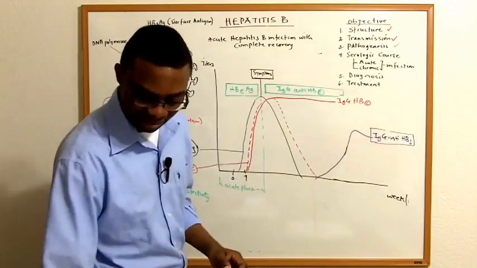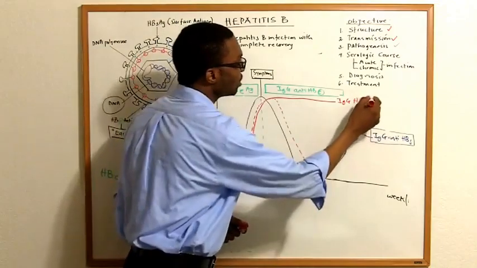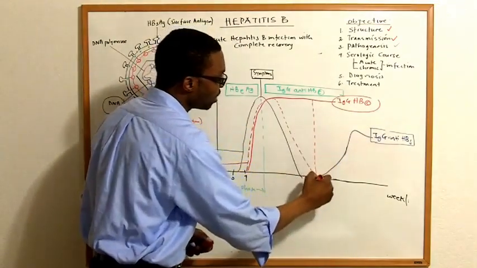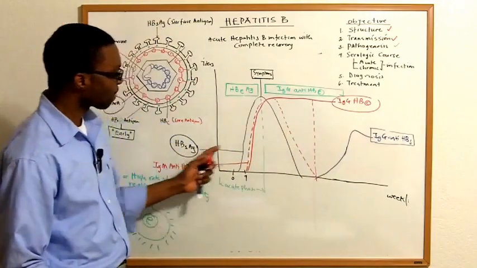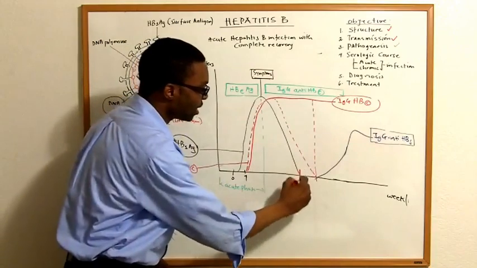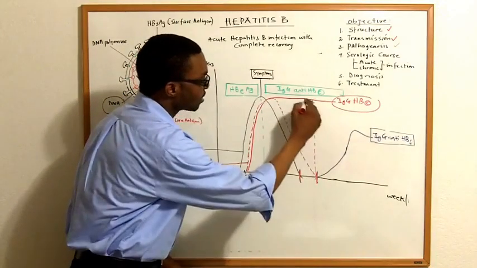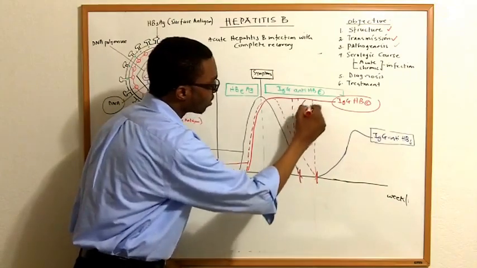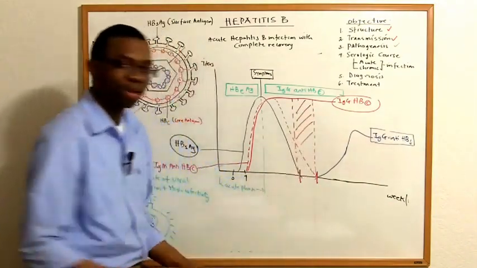They're going to be making antibodies to the core antigen, because as you can see here, the only thing you'll be able to detect between when the surface antigen is being cleared and the making of this antibody right here is the core. There we go. See how that makes sense?